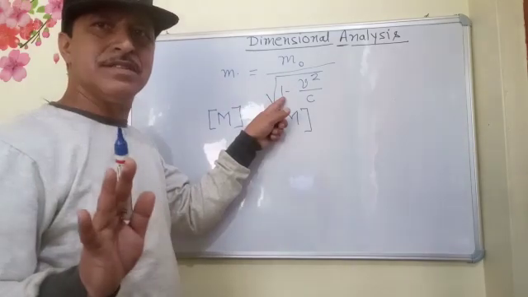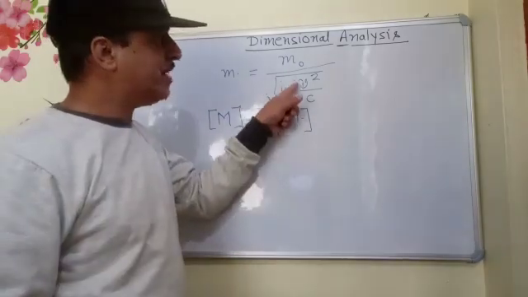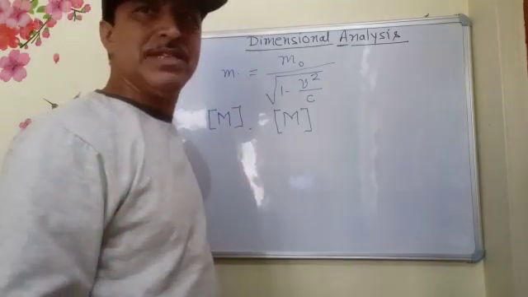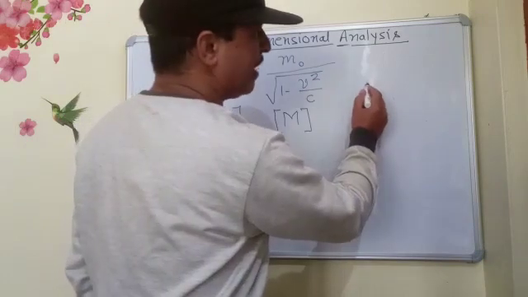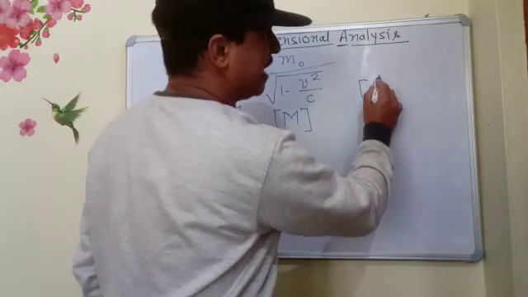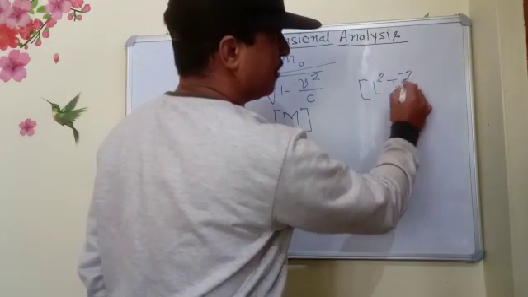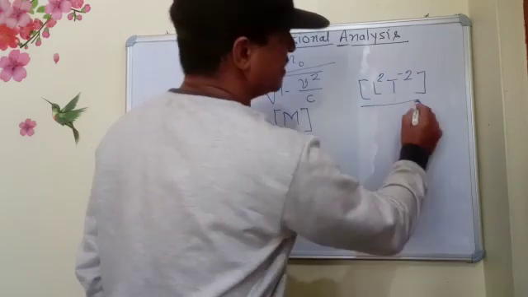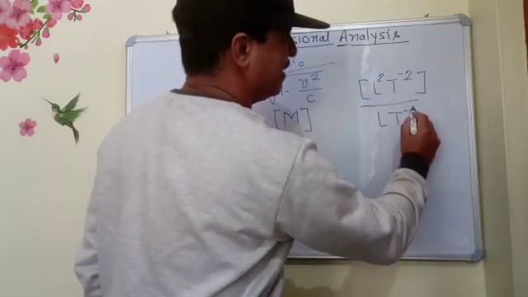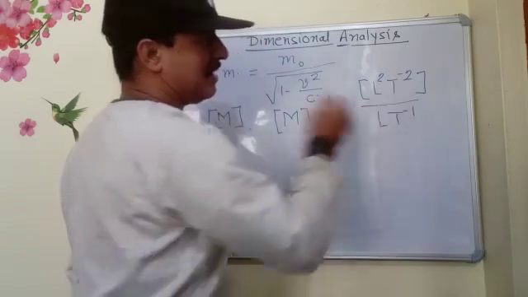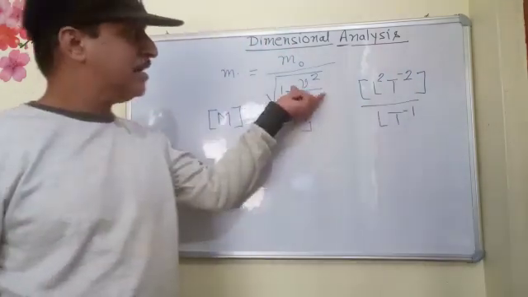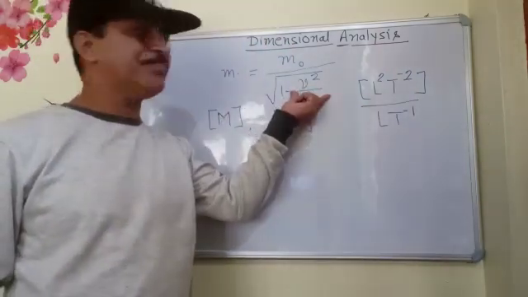One has no dimensions, no doubt, but v square upon c is not dimensionless. You know v square is the square of speed, so its dimensions will be L square T to the power minus 2. And c has dimensions LT minus 1. These do not cancel, therefore this term is not dimensionless.